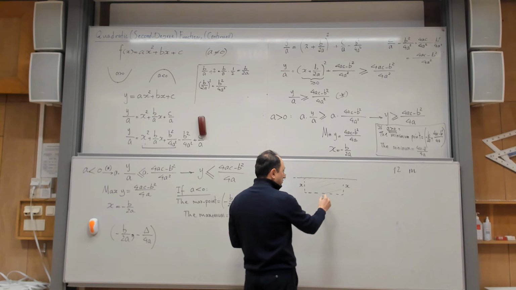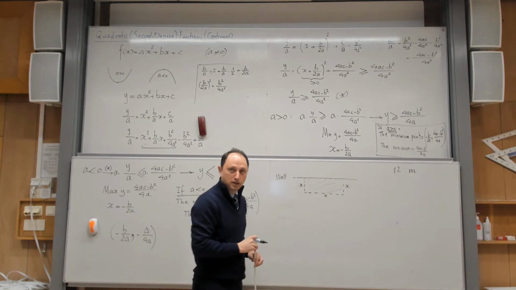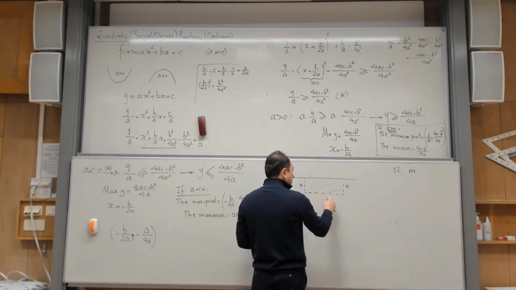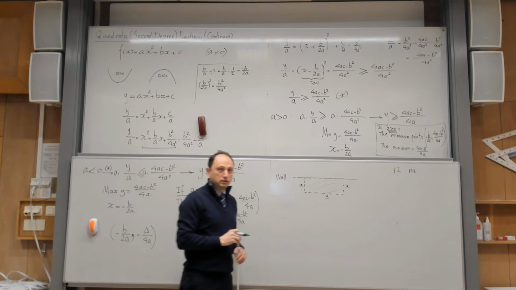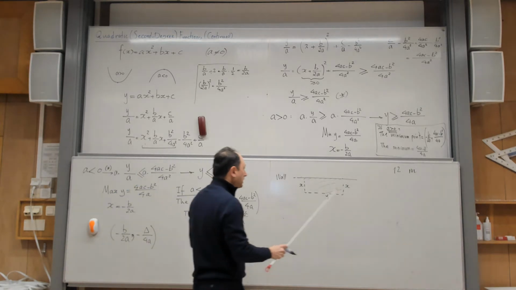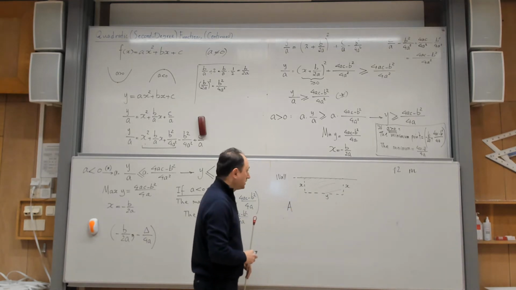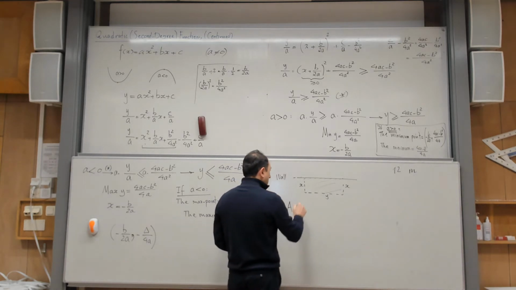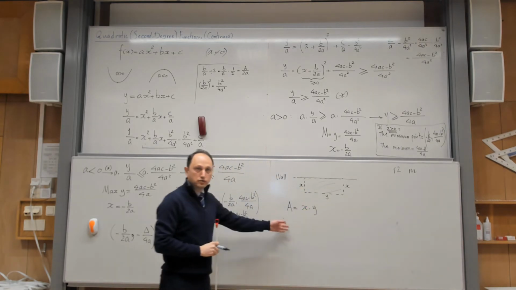But if I write x here, it means I have already decided that they have to be the same. So I use another letter here, let me call it y. And then the target is the area, so let me call it A. So A is x times y. I want to maximize A.